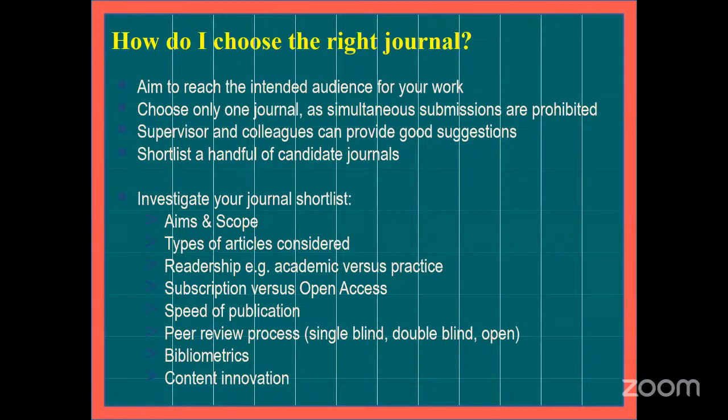Many publishers have journal finders. You can provide your abstract in the journal finder, and you will get a suitable journal related to your research paper. You can also see where the literature review references were published and follow them. This is how to identify a suitable journal.